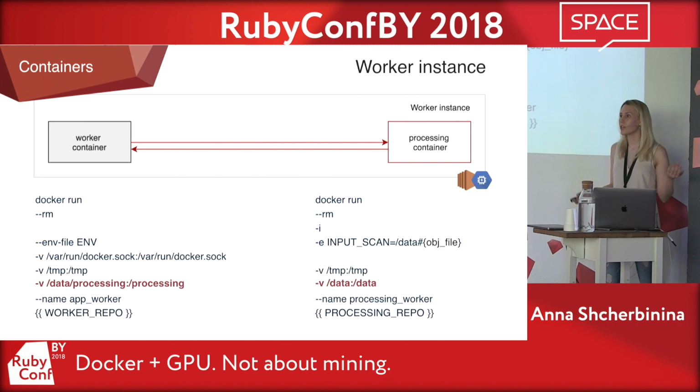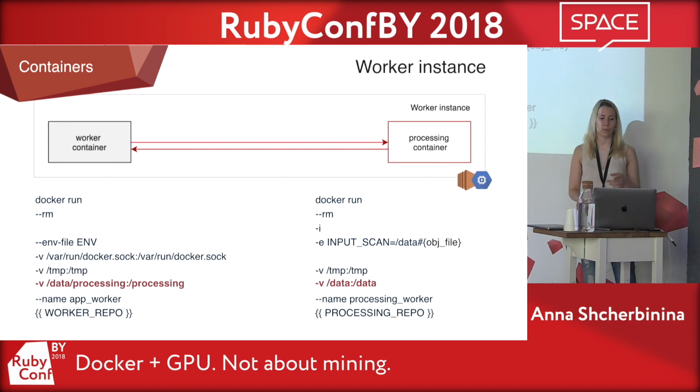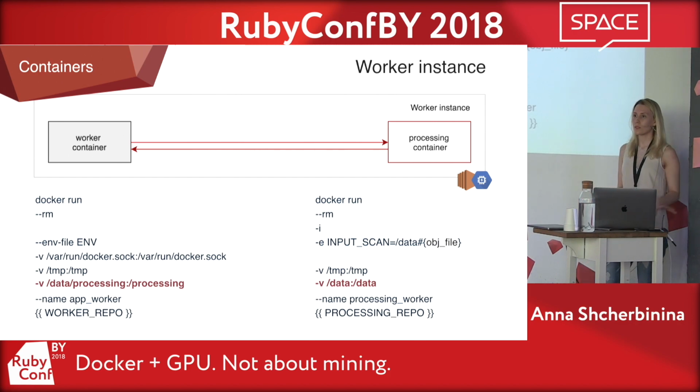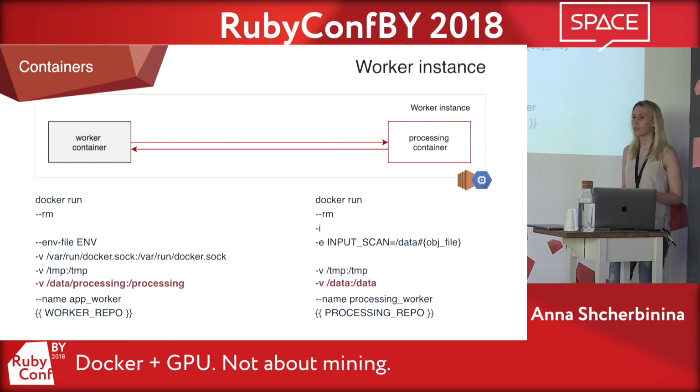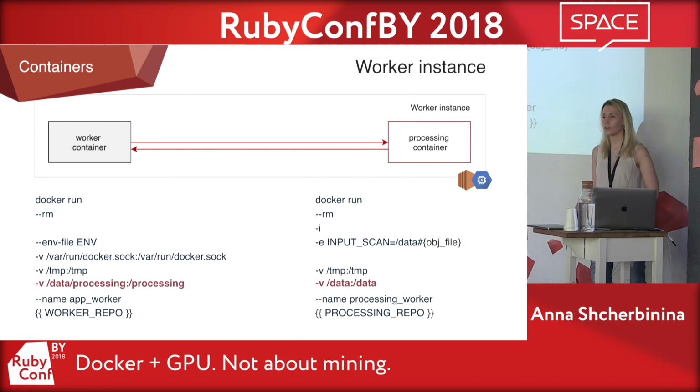The directory is just not accessible. That's why I share the directory from the host instance to the worker container, and then share it, still from the host instance, to the processing container. And this makes the source data accessible for the processing container.